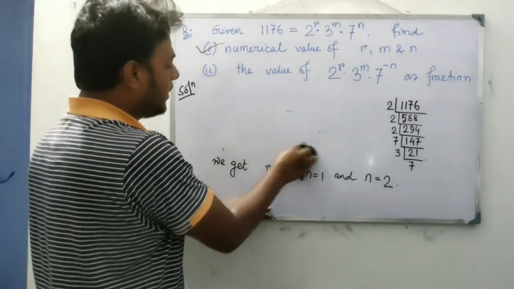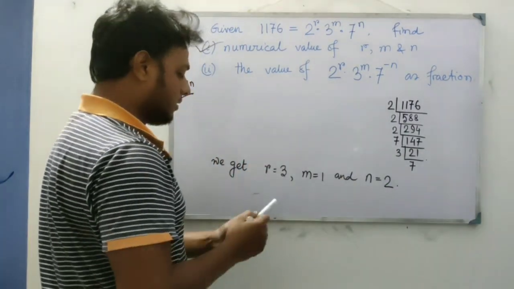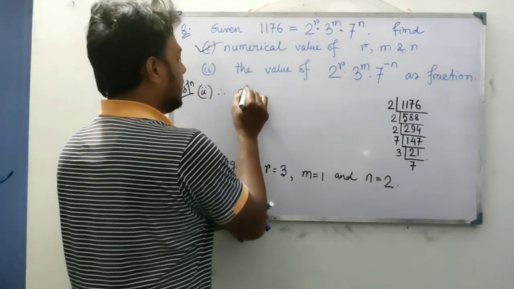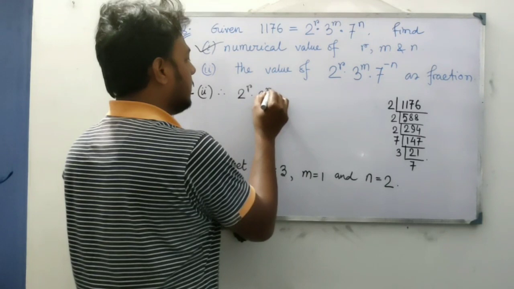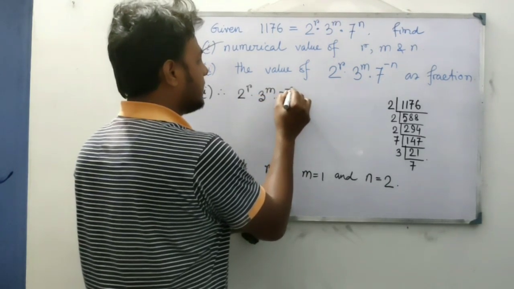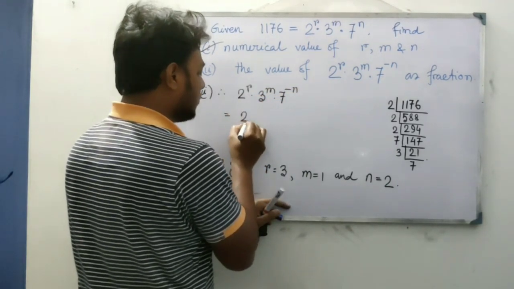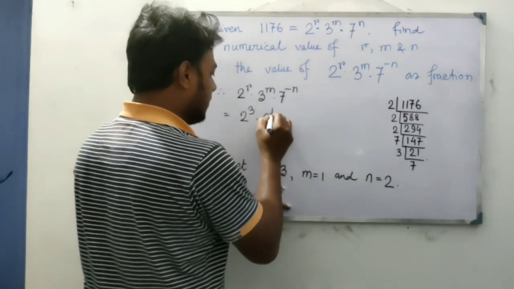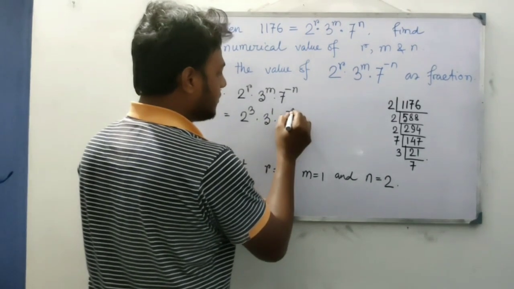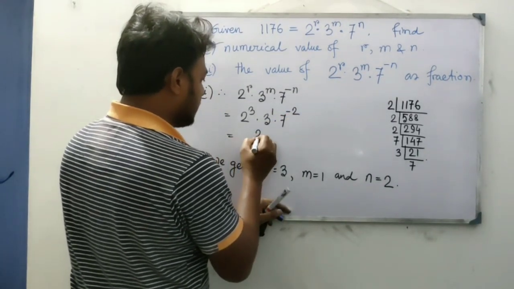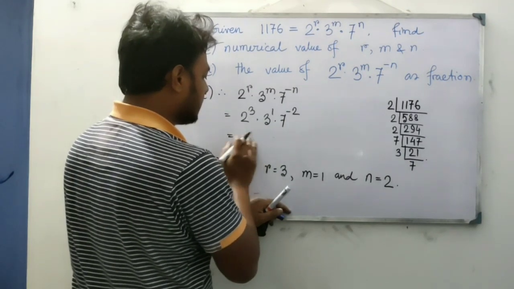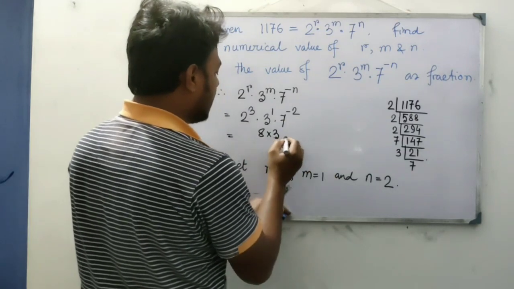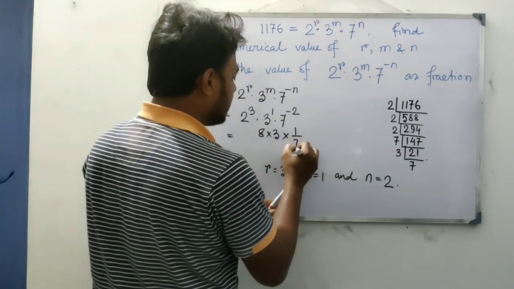To solve the second one, we need this value. Therefore, 2 to the power r into 3 to the power m into 7 to the power minus n equals, putting the values, 2 cube into 3 to the power 1 into 7 to the power minus 2, equals 2 cube means 8 into 3, and in place of 7 to the power minus 2 we can write 1 by 7 square.